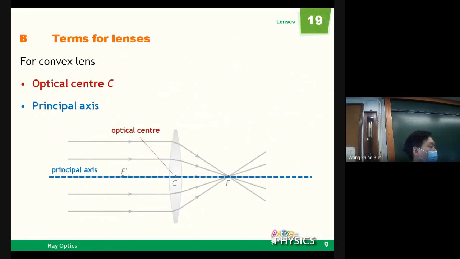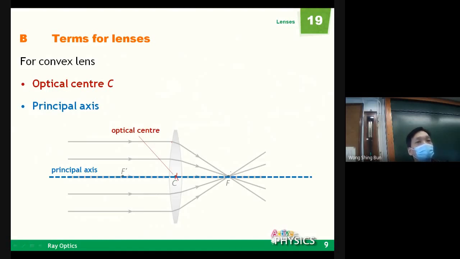Now, terms for your lens on your page 240. Actually, all the terms I have mentioned already during the last video clip. Now this one is revision again. For the center of the lens, we will call it optical center or center, never mind.